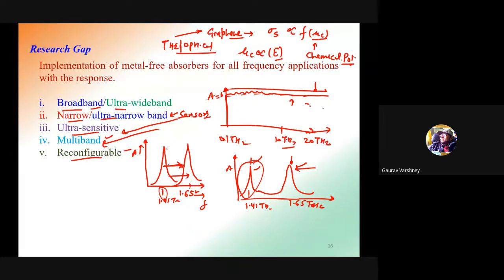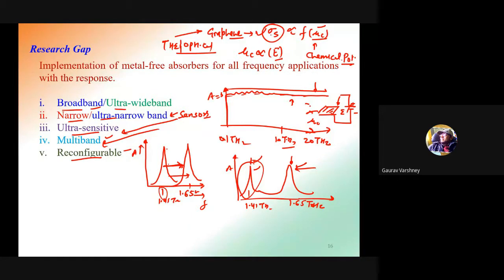Suppose we have a sheet of graphene, and we apply a DC supply, a DC voltage, on this graphene sheet. What will happen? Its chemical potential will vary, and once we are able to vary the chemical potential, its surface conductivity will vary.